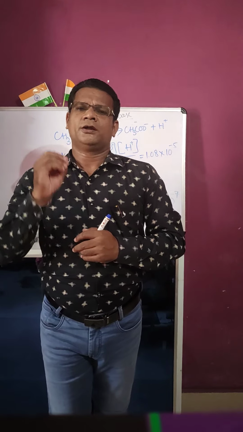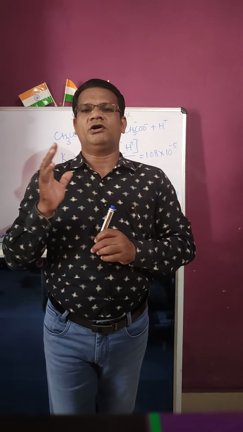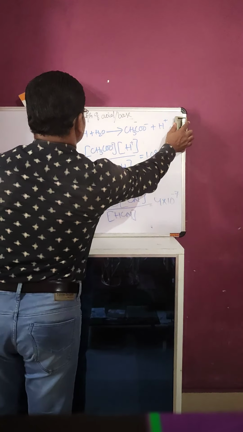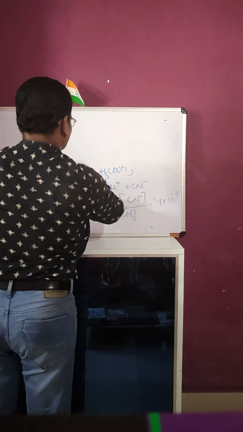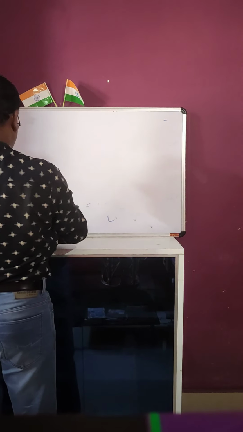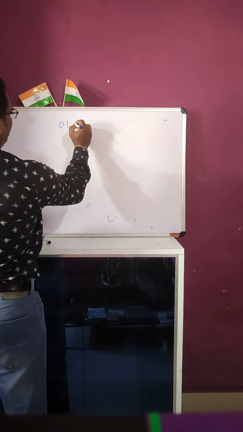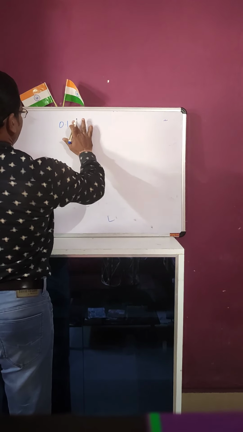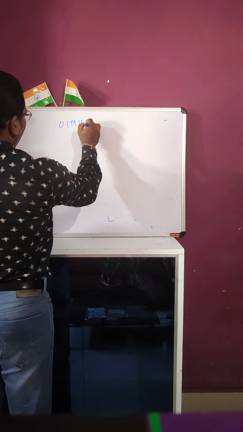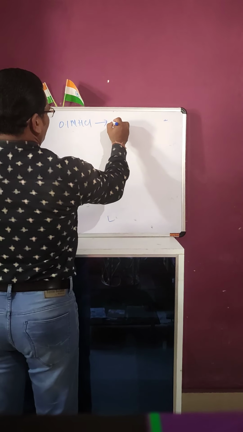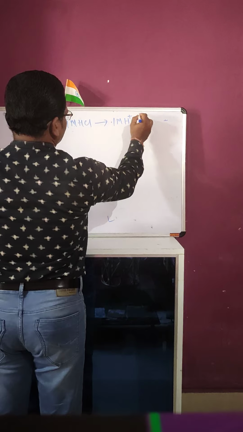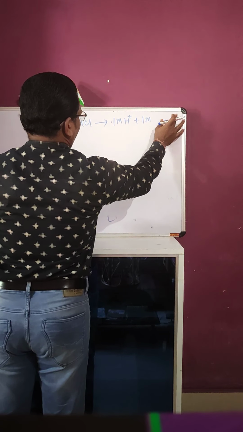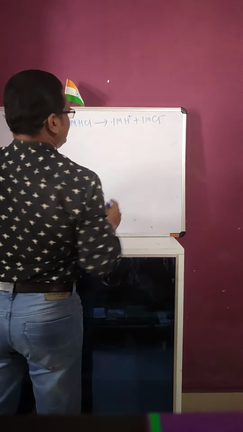What do we mean by ionize completely? Let's say 0.1 M of hydrochloric acid will produce 0.1 M of H plus ion and 0.1 M of Cl minus ions.